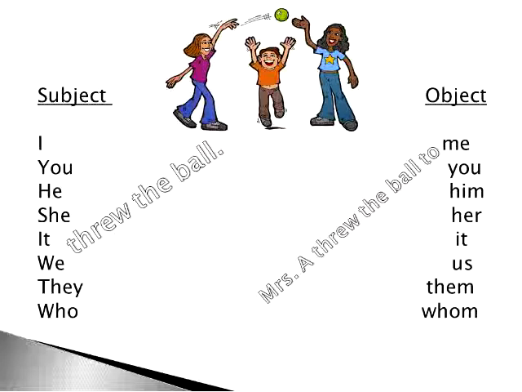Object is whoever's receiving the action. Miss A threw the ball to me, to you, to him, to her, to it, to us, to them, to whom. So that should help you out a little bit better. This is the subject, and this is the object. You have to understand that first.